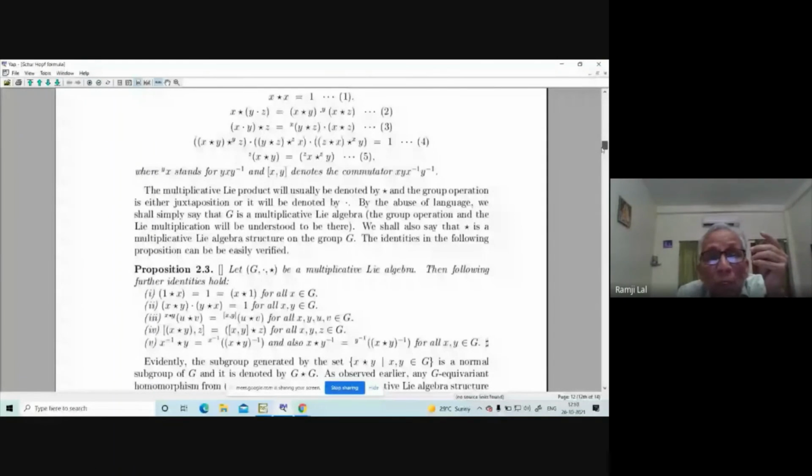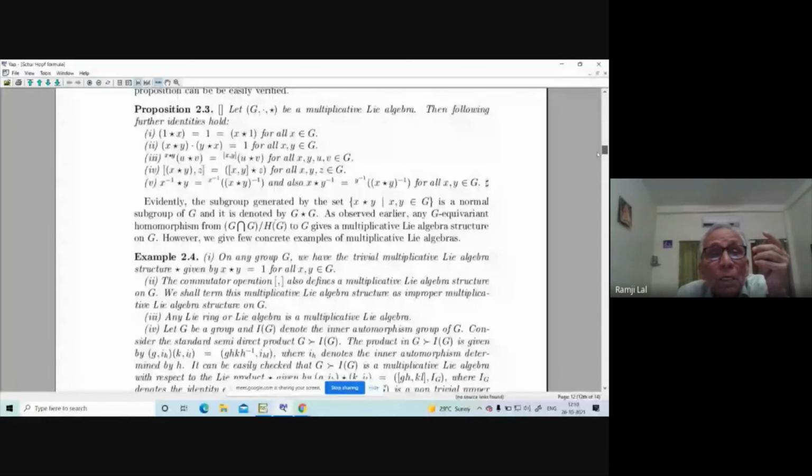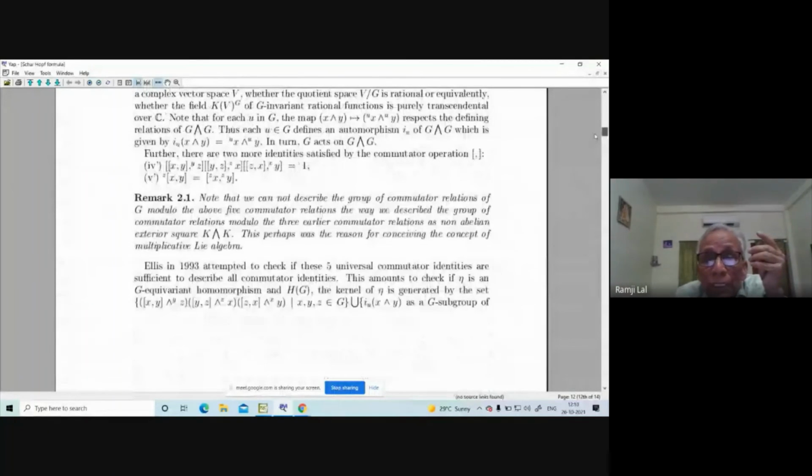Here you see that it amounts to having a G-equivariant homomorphism from G cap G to G. Given any such G-equivariant homomorphism, you will get a multiplicative algebra structure. For example, in the case of finite groups, Sumit has tried to do something for some cases. It may be helpful for him also.